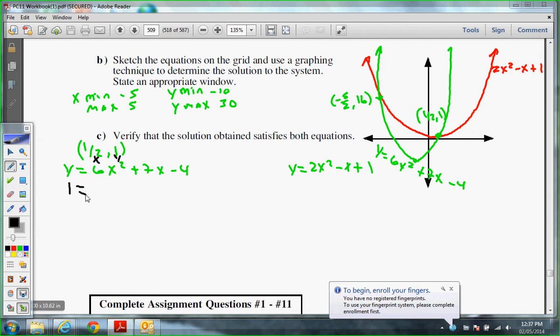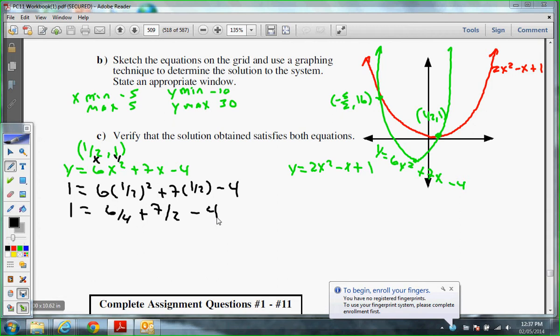So 1 should equal 6 times 1/2 squared plus 7 times 1/2 minus 4. Again, 1/2 squared is 1/4, so that's 6/4. 1 equals 6/4 plus 7/2 minus 4.